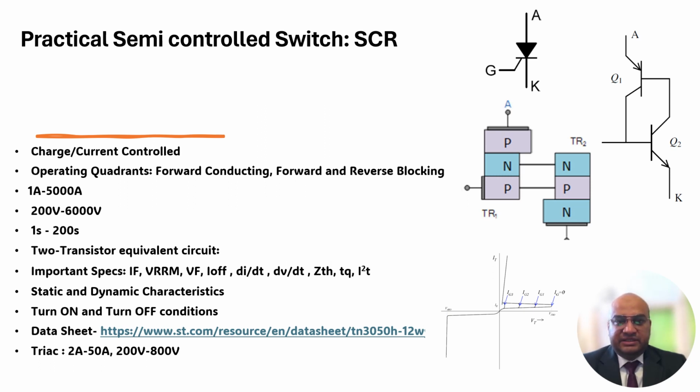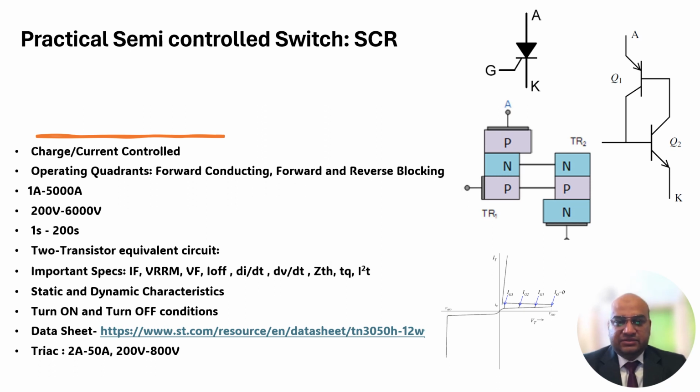So it is a charge or current control device operating in forward conduction mode, forward and reverse blocking mode. The current available for this kind of device starts from 1 ampere to 5000 amperes, and voltages from 200 volts to 600 volts.